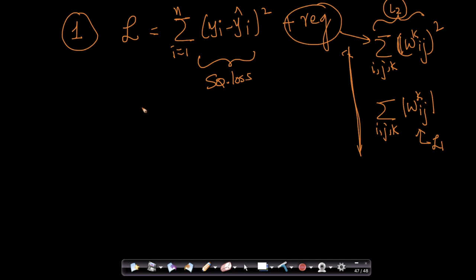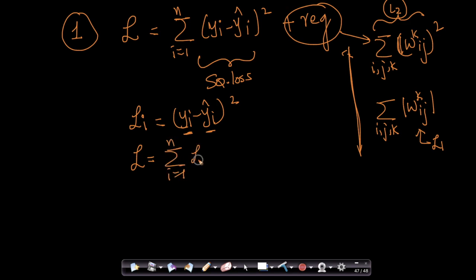Just for simplicity, let me call Li the square difference for just one point, the ith point, between the actual value and the predicted value. Then I can write L as nothing but summation over i equals 1 to n of Li plus regularization. I'm just defining a new term here. This is my squared loss with regularization.